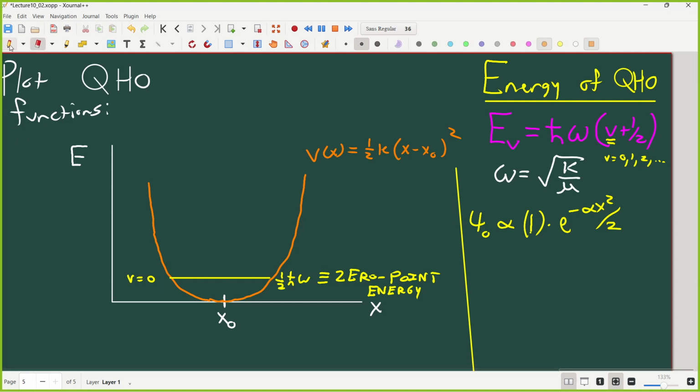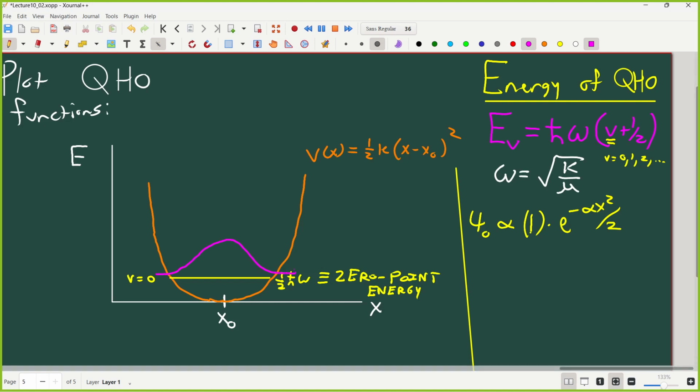We'll just do it like this. It looks like a bell curve like that. And of course, the bell curve is centered at the middle of the bond. It has some width. But the important point about this function: where does this wave function go to 0? Now remember in the particle in the box, where does the wave function go to 0? At the walls.